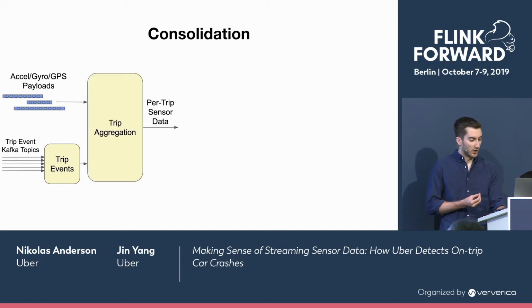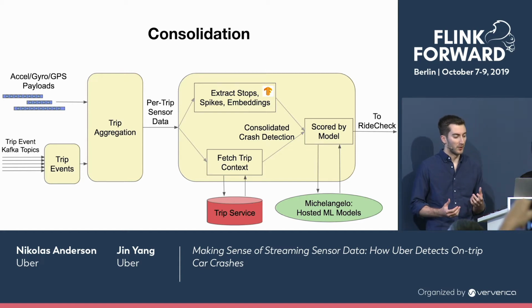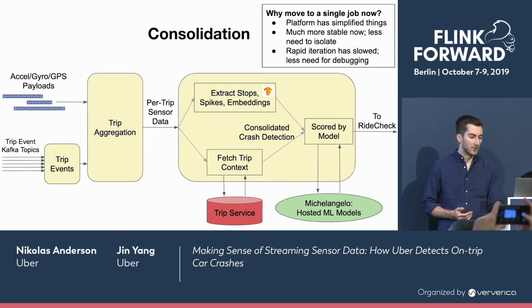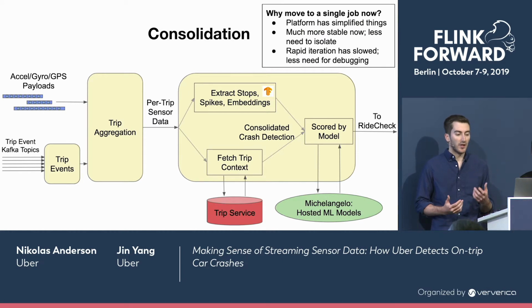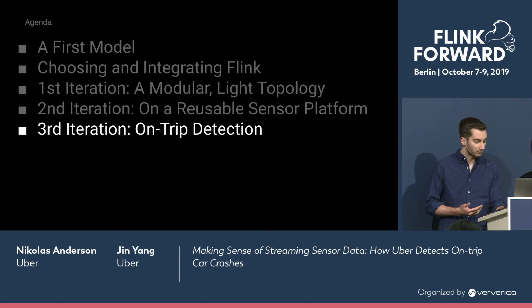The trip aggregation job simply produces per trip sensor data, convenient for us. And then we were able to produce now just a single job in contrast to our modular topology. The reason for this change, in part, is that the platform had simplified things for us immensely. After so much iteration, things were a lot more stable. And any breakdown into separate operators we could certainly do if we needed better monitorability of the Flink job.